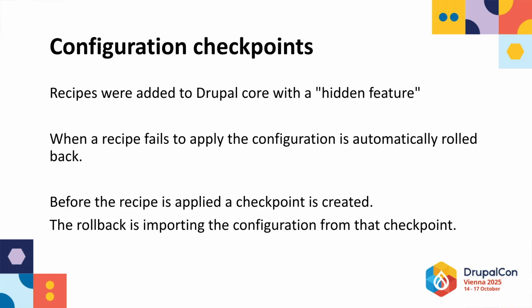So that if it can't complete itself, at least it will not leave broken pieces around. And for that, the configuration checkpoints system was added, and in the application of the recipe, if it fails, it will automatically import the configuration from that checkpoint.